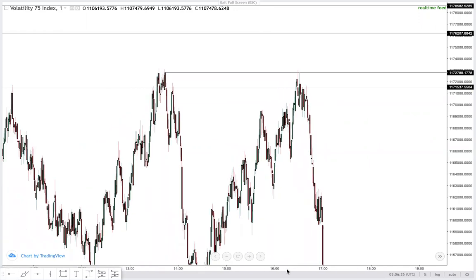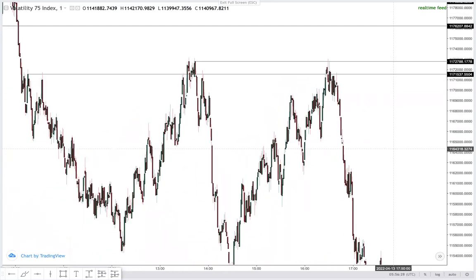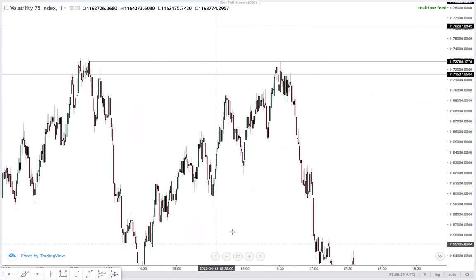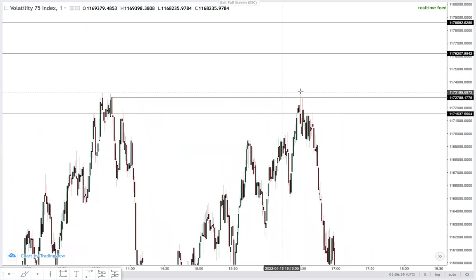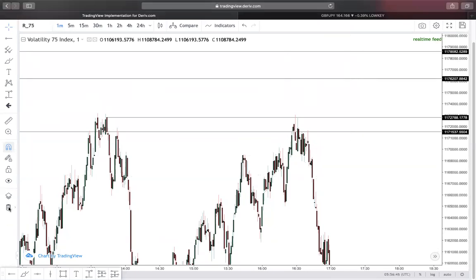Remember, we say that the more you drop in lower time frames, the more accurate your sniper becomes, though you will have a high possibility of missing entries sometimes. As you can see here, we had a very small drawdown right here.